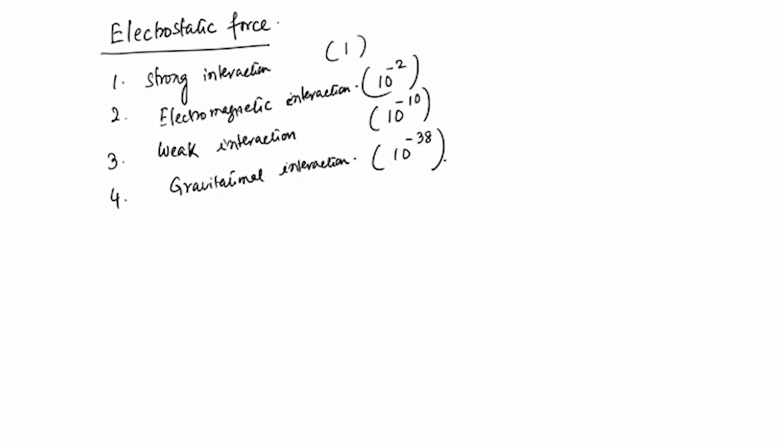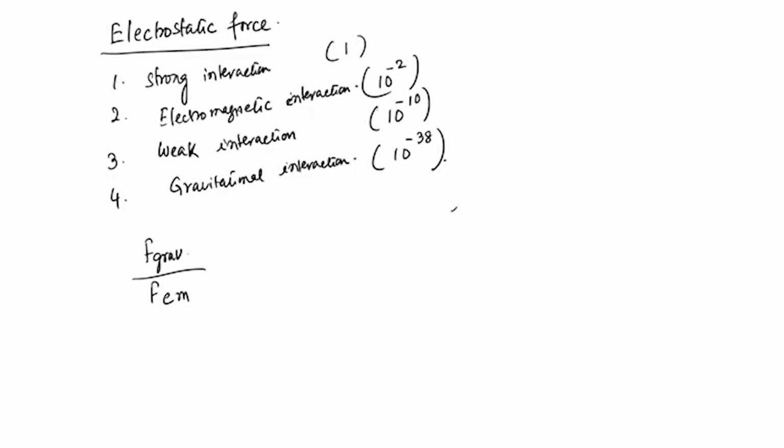So, how strong are the electromagnetic interactions compared to the gravitational interactions? If we take a ratio and calculate it, that is F gravity divided by F electromagnetic, for an electron.